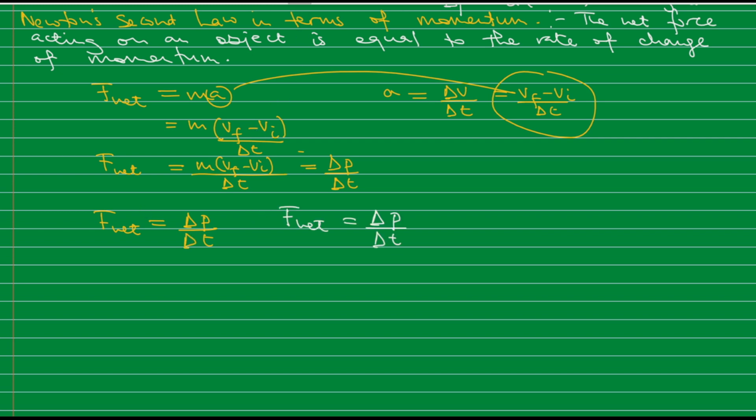This formula also leads us to another concept that we need to cover here, which is impulse. Impulse is defined as the product of the net force acting on an object and the time the net force acts on the object.